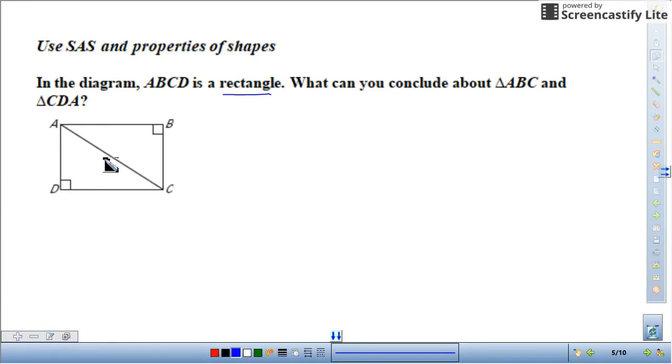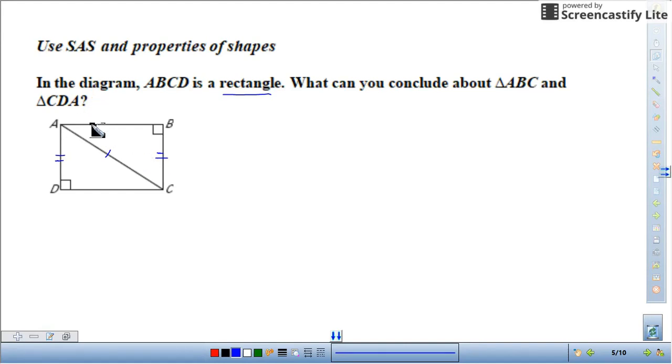We know that AC is going to be congruent to AC, so that's something that maybe we would want to use here. We have to try to think about some other properties about rectangles. So another thing that we know about rectangles is that the opposite sides are both parallel and congruent to each other. So we know that AD is going to be congruent to BC.